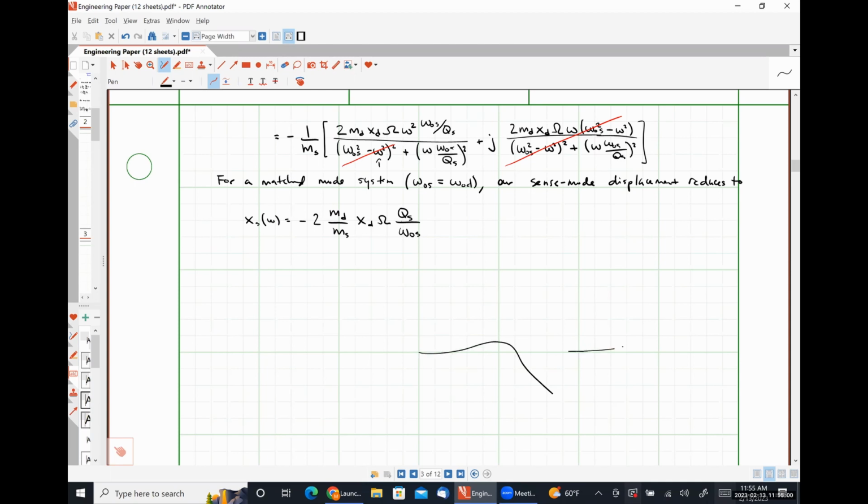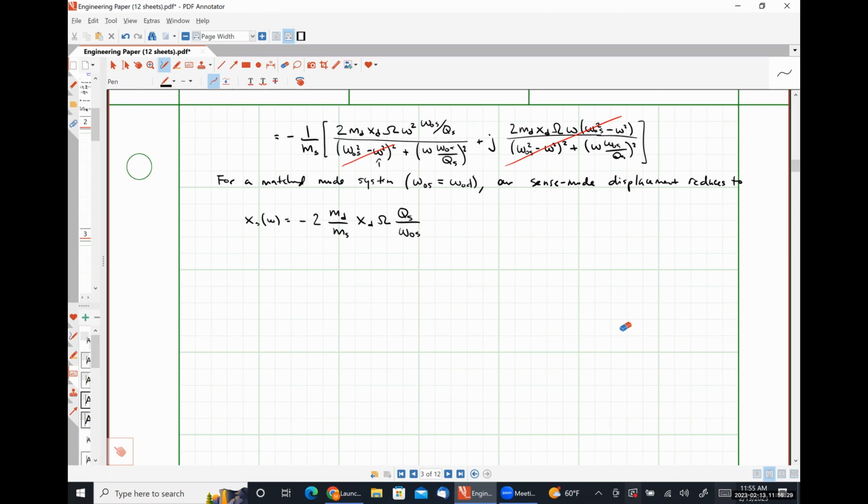For a system with a high quality factor, we have that point of ringing, and so our bandwidth is very, very small. So this is our bandwidth as opposed to this being our bandwidth, right? So a high quality factor inherently means we have a low measurement bandwidth, which can be okay, but can also be problematic.